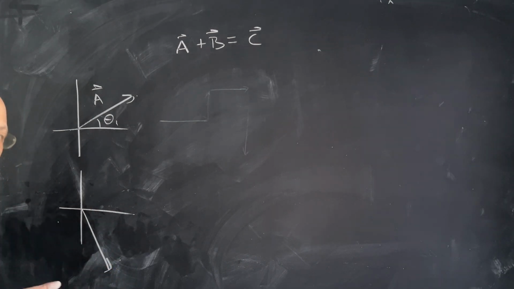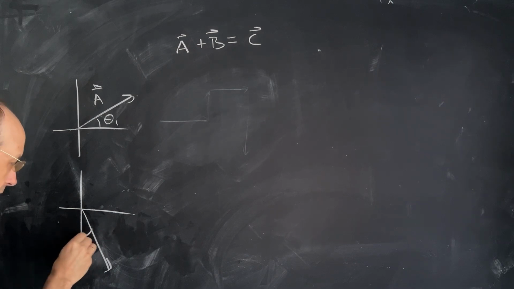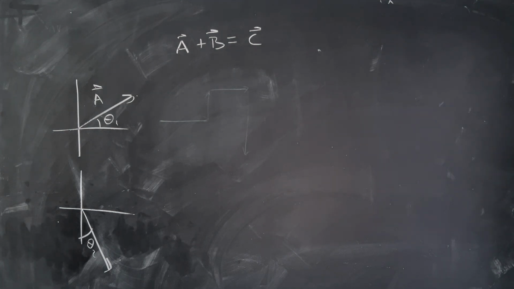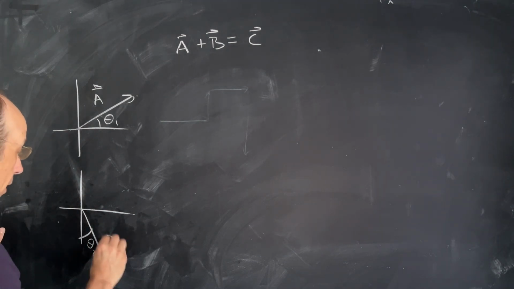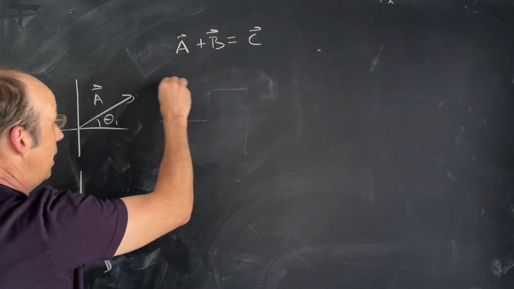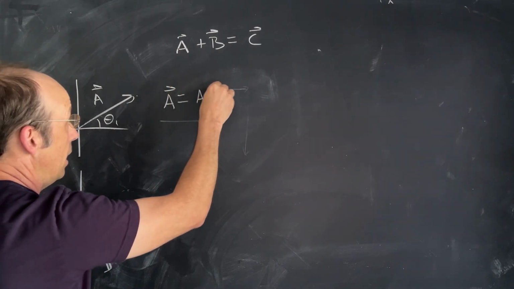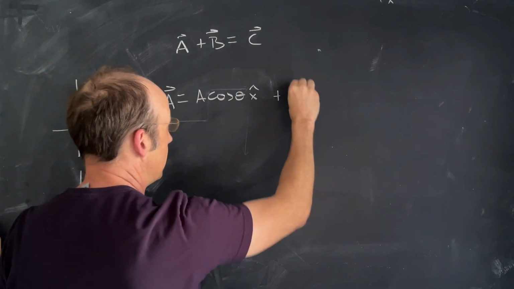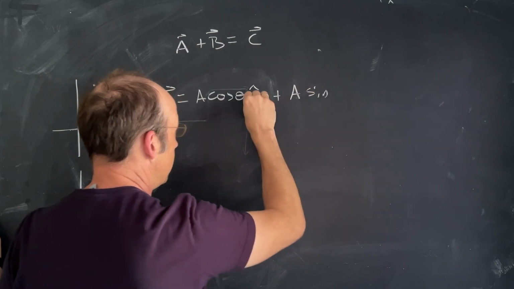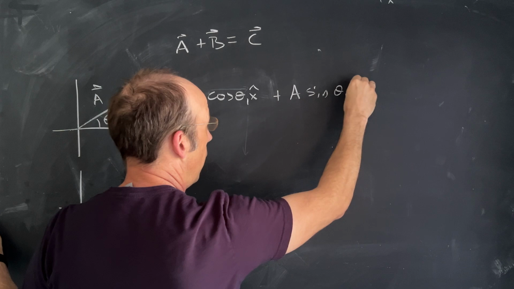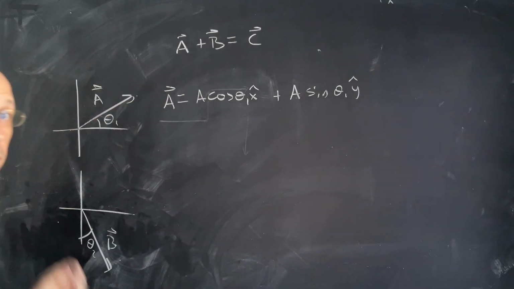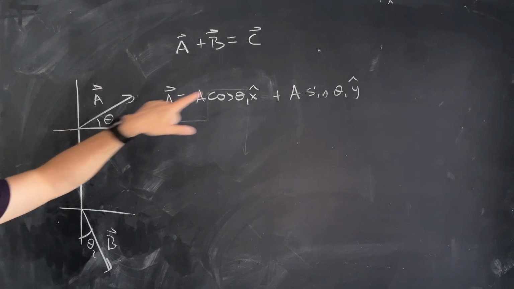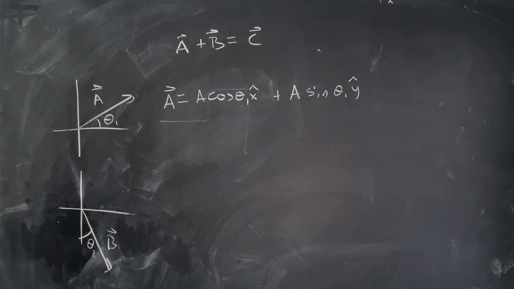And just to be different, I'm going to call this theta 2, the angle from the y-axis, so you can see. And this is the vector B. So I can write A as A cosine theta 1 x hat plus A sine theta 1 y hat. If I know the magnitude and the angle, I can find those components.